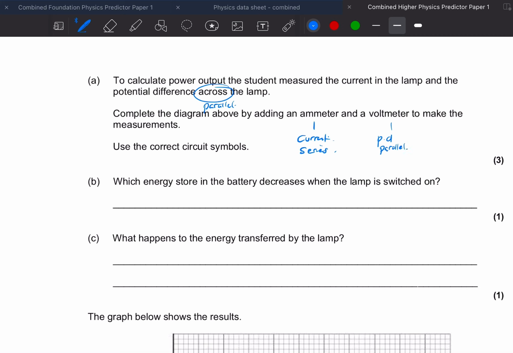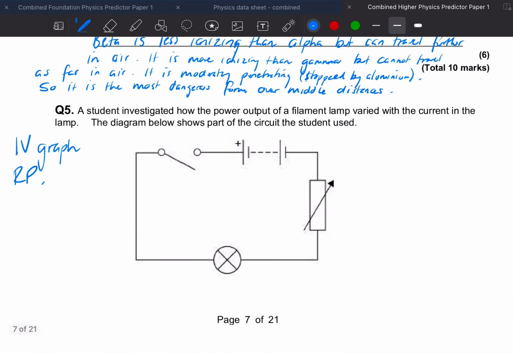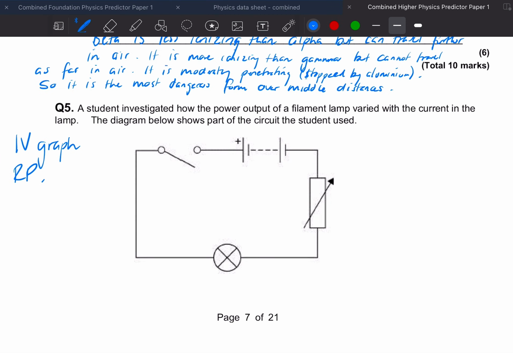And we must use the correct circuit symbols. So an ammeter is an M and a voltmeter is one of those. So in order to do this, we've got to add these into the diagram. We can put this at any point. We're going to put our ammeter in series. So an ammeter is just a circle with a capital A in it, just like that.